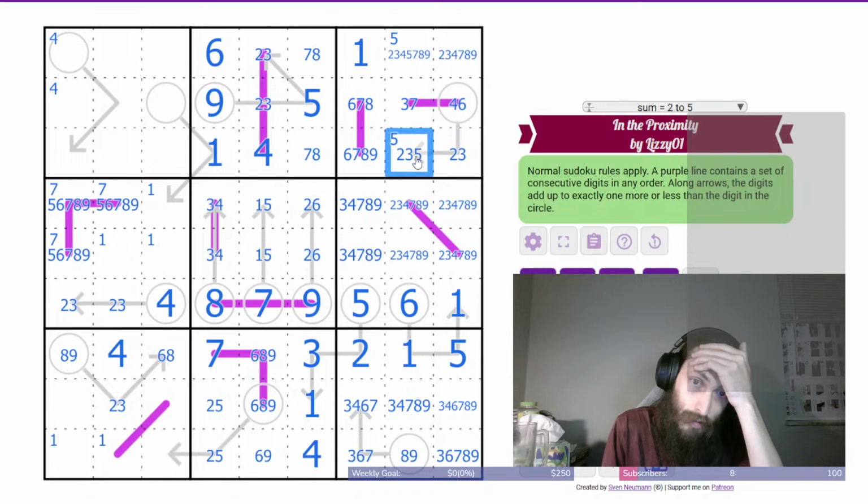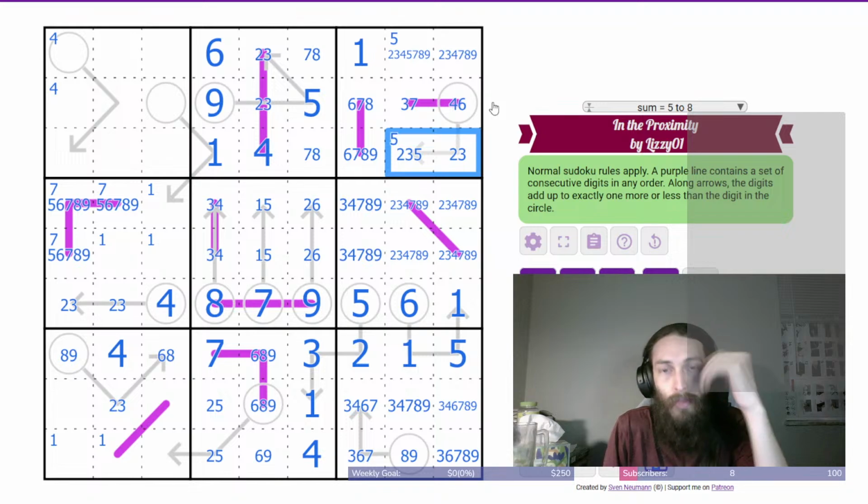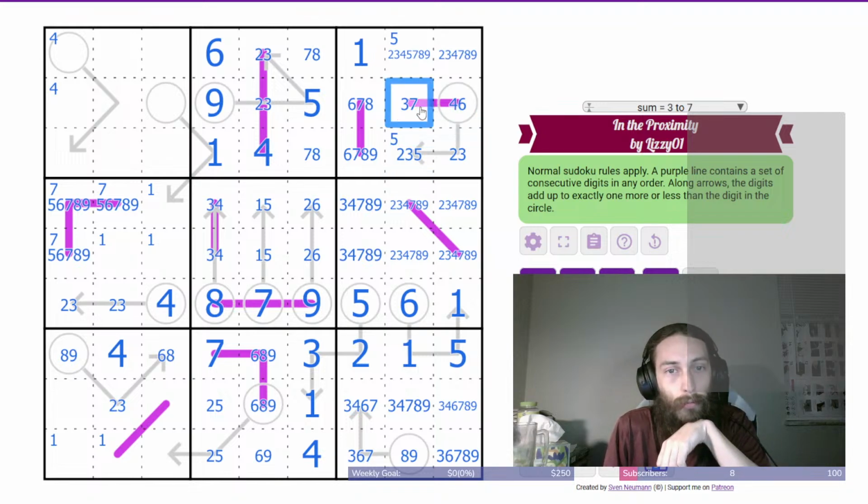Right. If this was a 5, that would be a 5 and 2, which is 7. Right. But if it's 2, not a 3, it works for the 4 or the 5, except 4 would pair with 3. So this can't be a 4, can it?